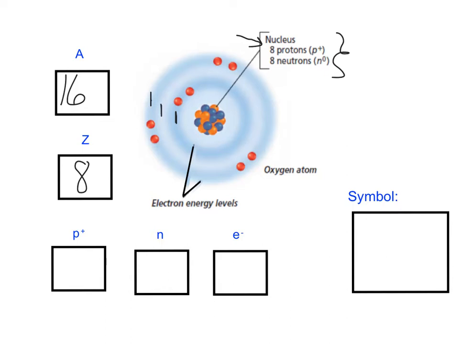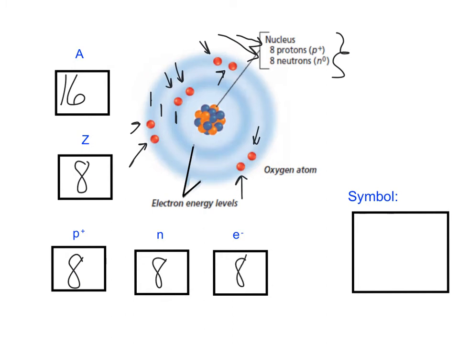So if I want to kind of count individual particles, individual pieces of my atom, I have 8 protons, because it says so right there in that box. Neutrons, well, I have 8 for again, the same reason, right there. And you can sit there and count all of your electrons. 1, 2, 3, 4, 5, 6, 7, 8 electrons.